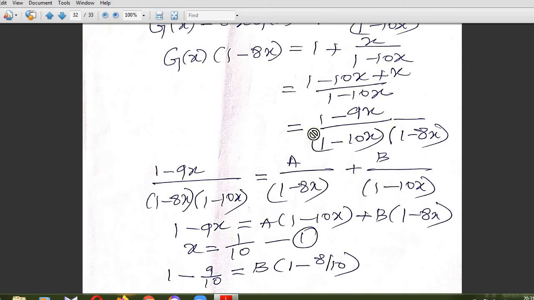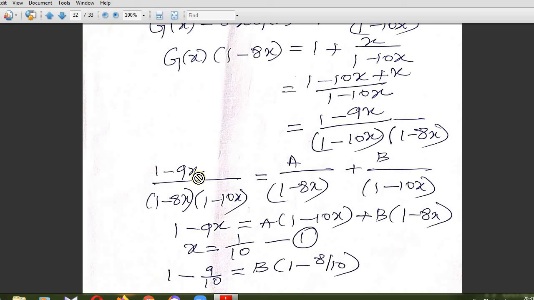Partial fractions can be done on this right hand side, from the partial fraction chapter: 1 minus 9x divided by 1 minus 8x into 1 minus 10x.